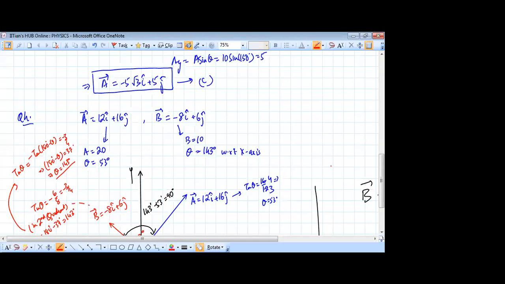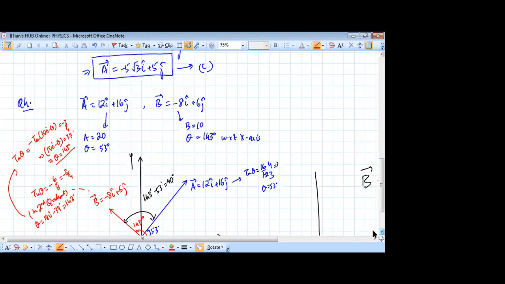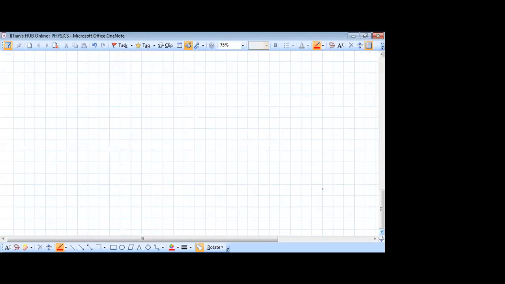Okay, let's move on to 6th and 7th question. They're based on the same data, so just go through it and try it out.